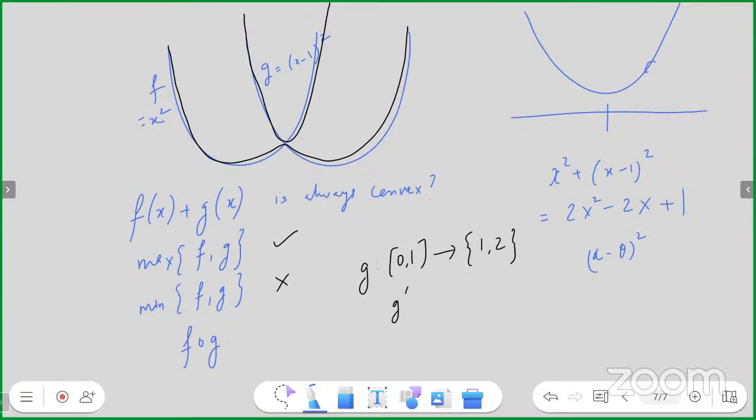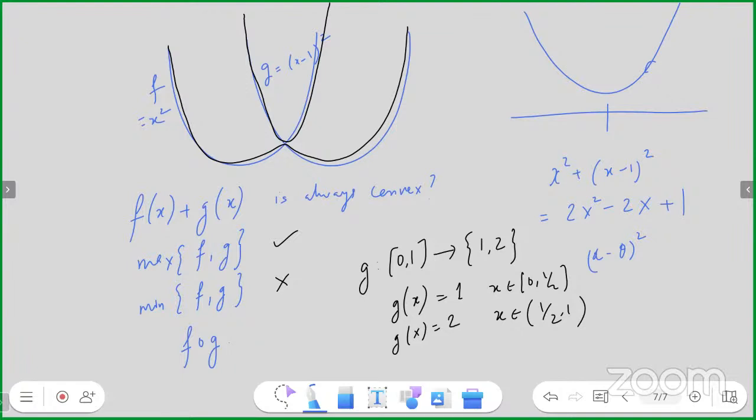So g of x is equal to 1 for x belongs to 0 to half. Okay, and g of x is equal to 2 for x half to 1. That's what you really wanted when you said, I'm going to create a range which is non-convex. Now it is 1 and 2.